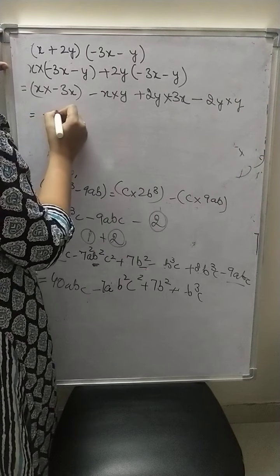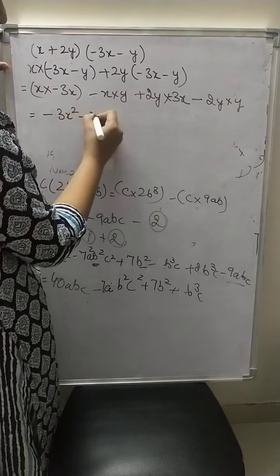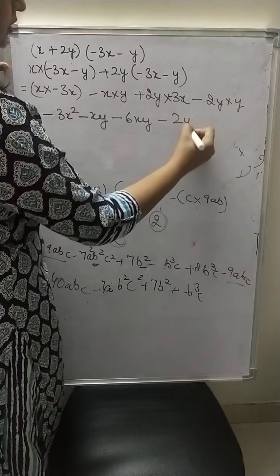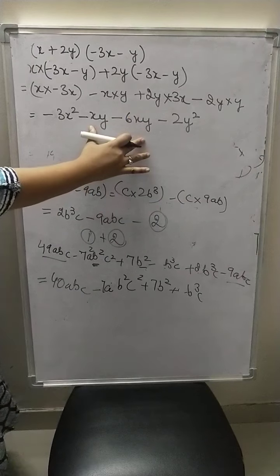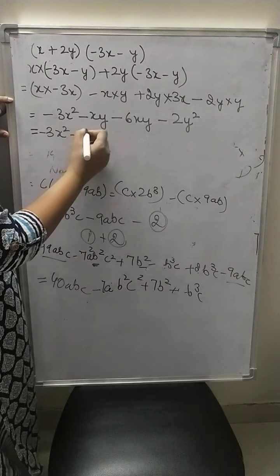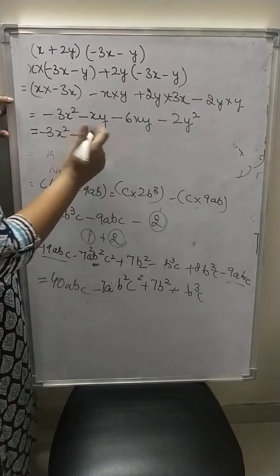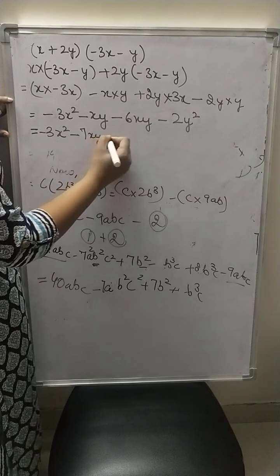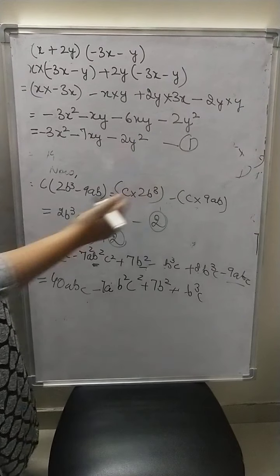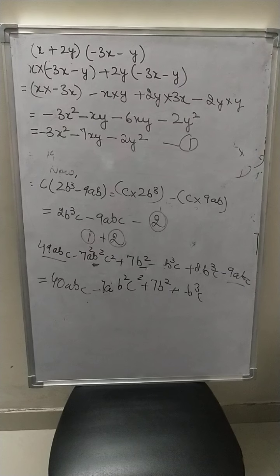So that is minus 3x square minus xy minus 6xy minus 2y square. Here I find two like terms. Let us collect them so that in the end I do not get any problem. So minus 7xy minus 2y square. So this is the first equation which I am getting.